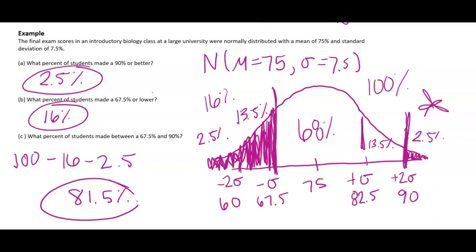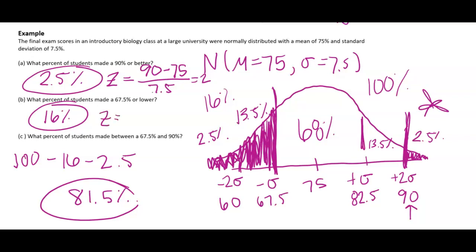Now, as far as a z-score calculation, if I wanted to do that, on this one, I would say z equals 90 minus 75 over 7.5. I get 15 over 7.5, which gives me 2, and that makes sense.